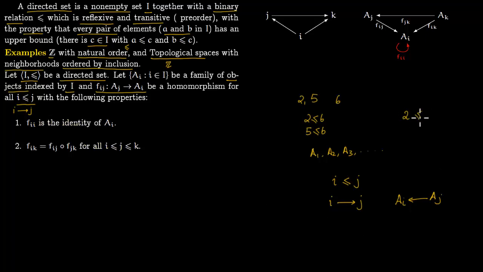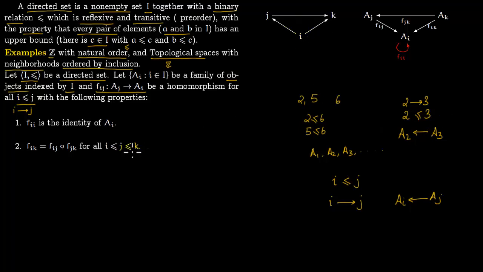For example, 2 is less than or equal to 3, then you can have a morphism like this. Notice that this is this in a category. It becomes an arrow. So notice the contravariance.